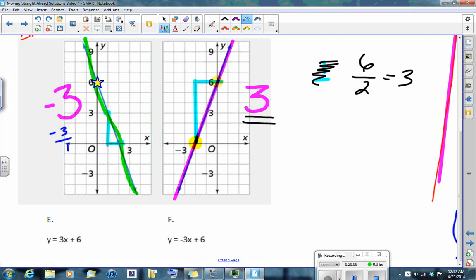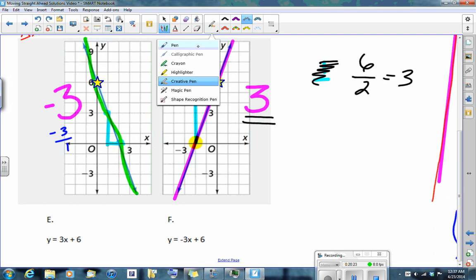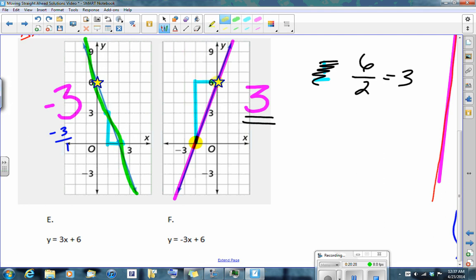This line intercepts the y-axis at 6, and this line also intercepts the y-axis at 6, which explains why the y-intercept, when we look at those equations down below, both say plus 6. You can see that right here. Both of them have plus 6.